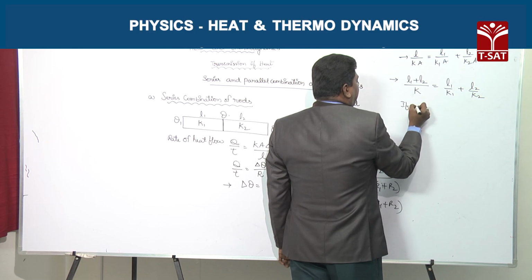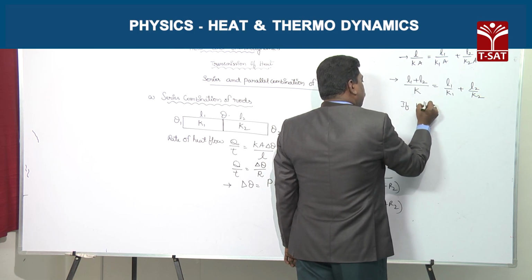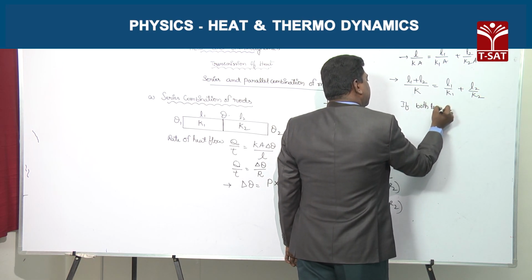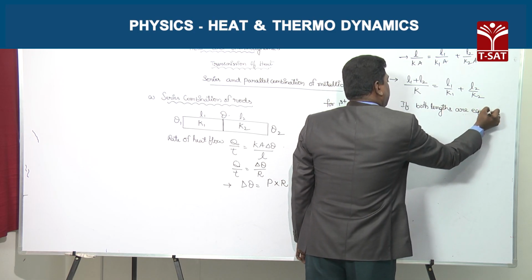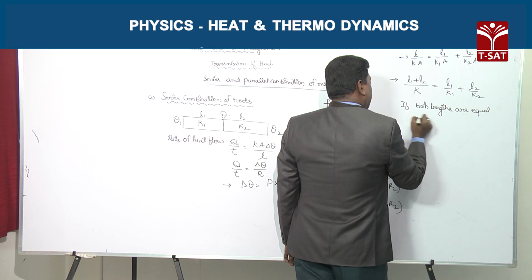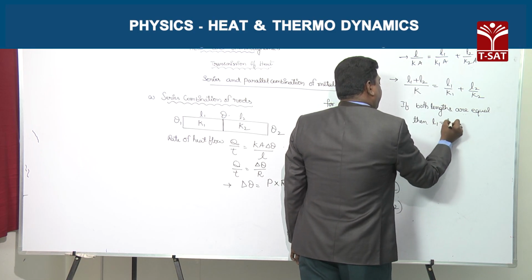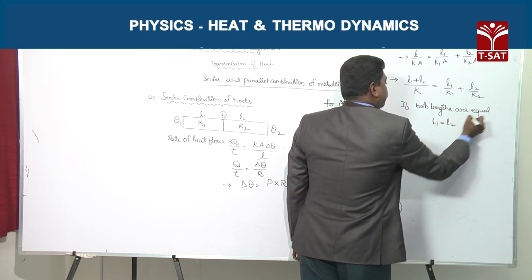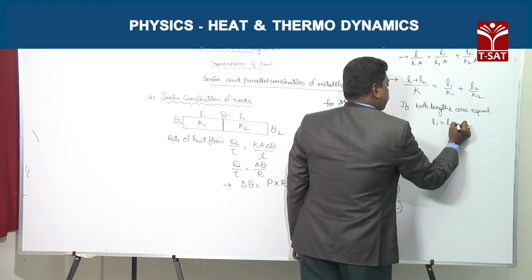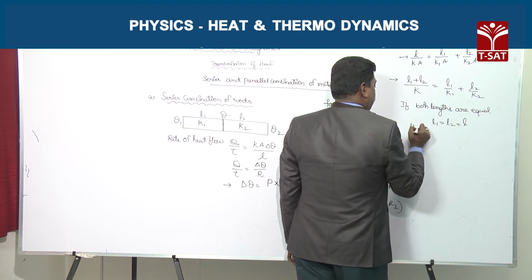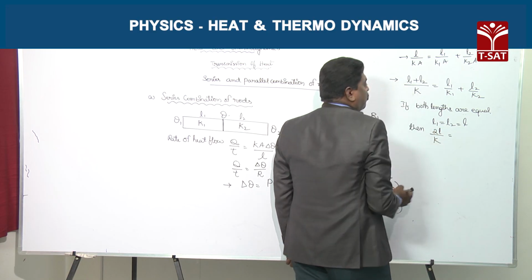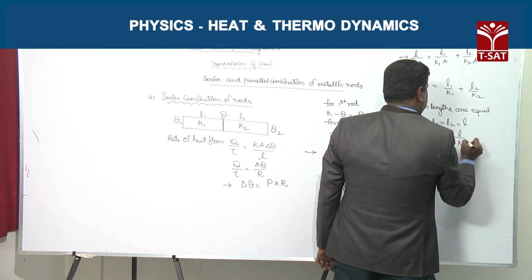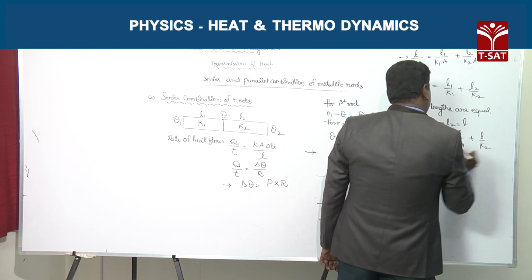If both the lengths are equal, then we have the formula 2L by K equals L by K1 plus L by K2.